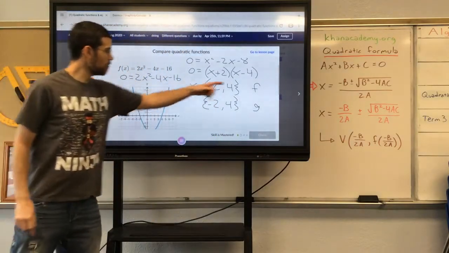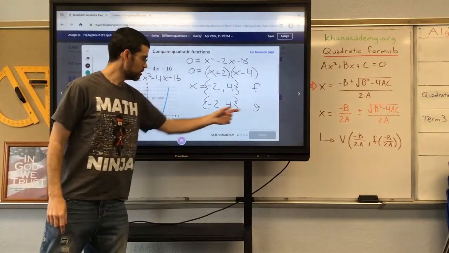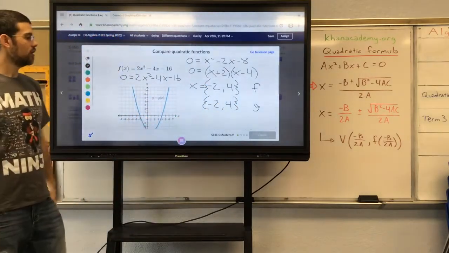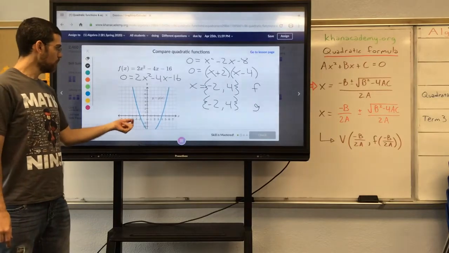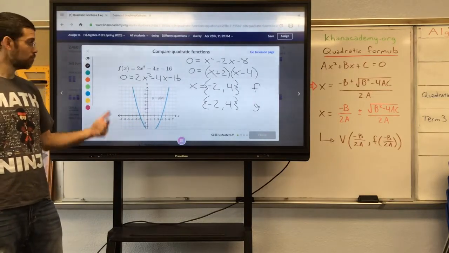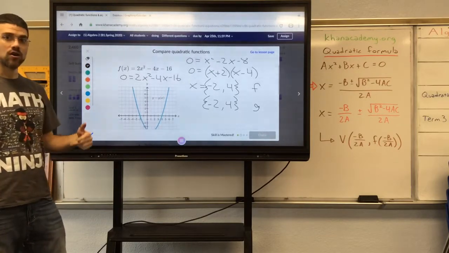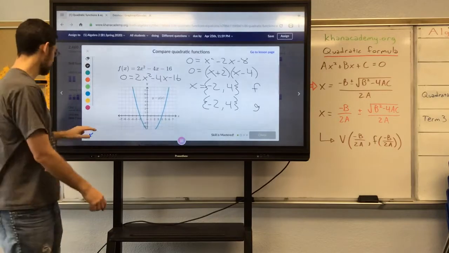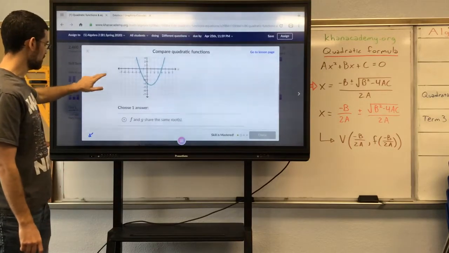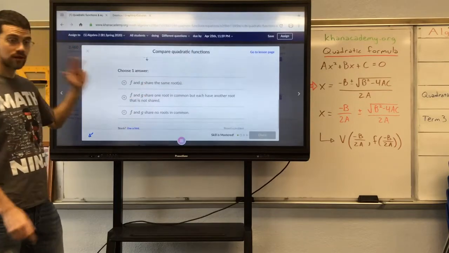So function f equals 0 at these two x values, and function g also equals 0 at those two x values. So it shares two roots. Both roots of each of these functions are the same as the other. So I can answer my question. F and g share the same roots. That's true.